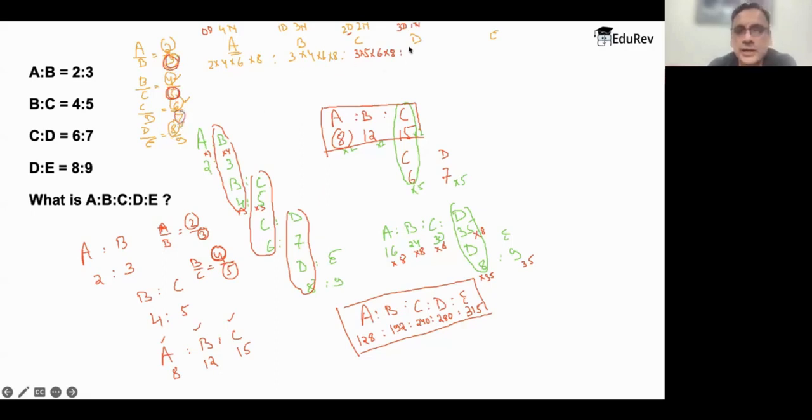So 3 into 5 into 7 into 8. And E, which is the last one, 3 denominator. So we had 0 denominator, 1 denominator, 2 denominator, 3 denominators. Now, of course, you'll have 4 denominators and 0 numerators. You'll always end with this. So you'll take all the 4 denominators, 3 into 5 into 7 into 9.